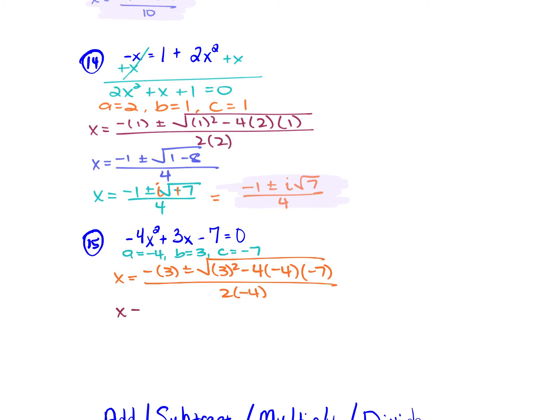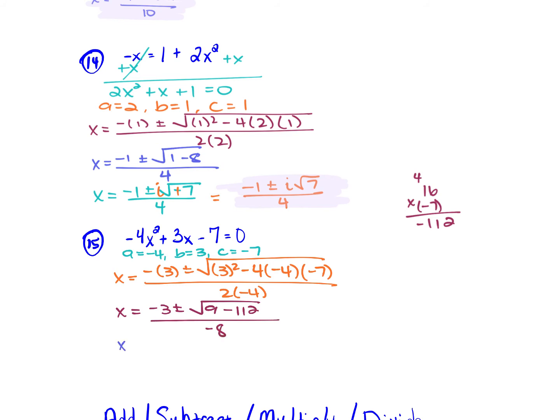From here, you're going to have x is equal to negative 3, plus or minus the square root of 3 squared is 9. Negative 4 times negative 4 is 16, times negative 7 is negative 112. Keep it negative. All over negative 8.